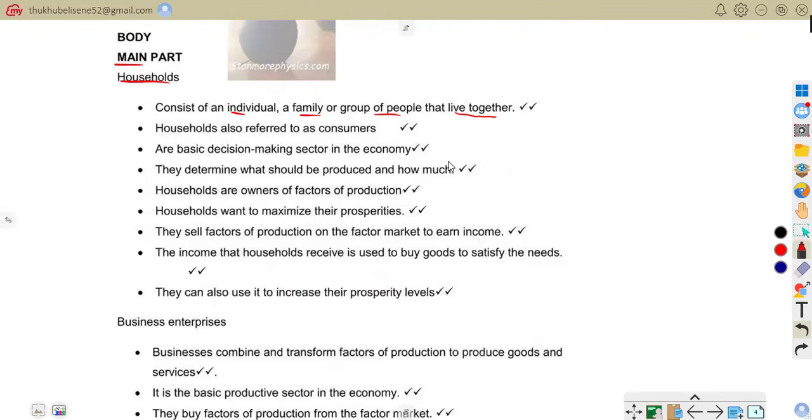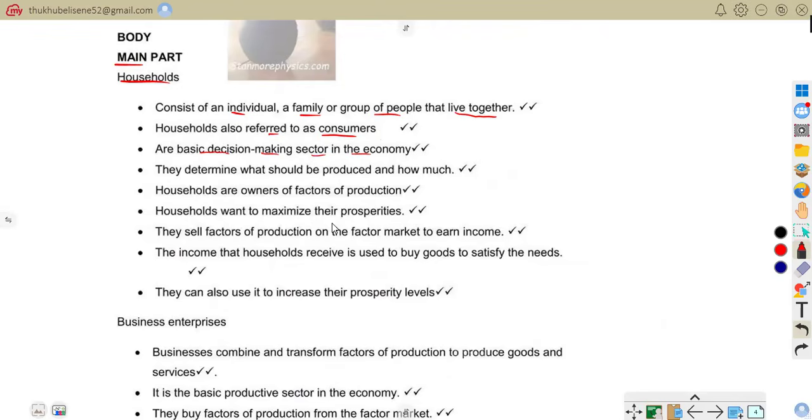That's the household. Households are also referred to as consumers, meaning they buy goods and services for their needs and wants. Example, buying groceries from a supermarket. Also, households are the basic decision-making sector in the economy. It simply says they decide what to buy and how much to spend.